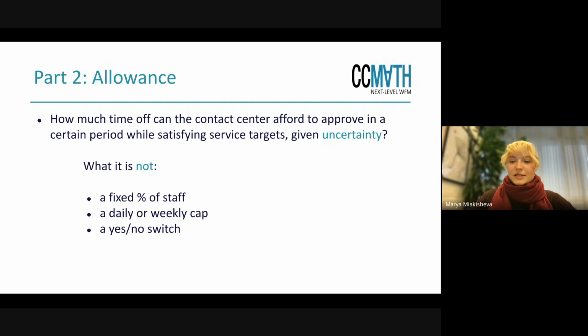So every agent gets a certain number of hours to deduct for their holiday request, for example. And allowance is about the business. How much time off can we afford to approve in a certain period while satisfying service targets? So it's all about managing uncertainty and satisfying the targets while also letting some people go and take their time off.